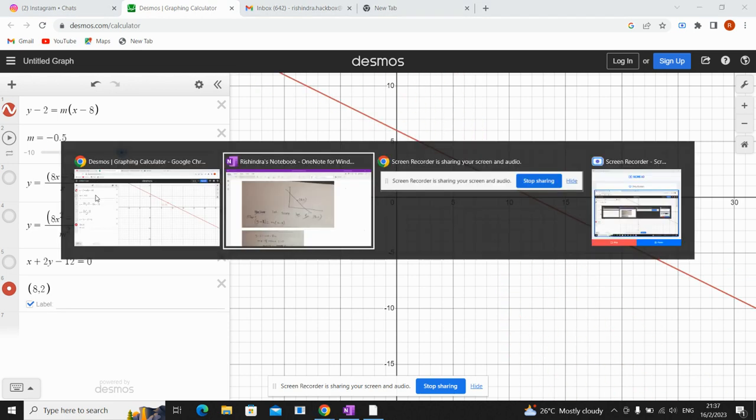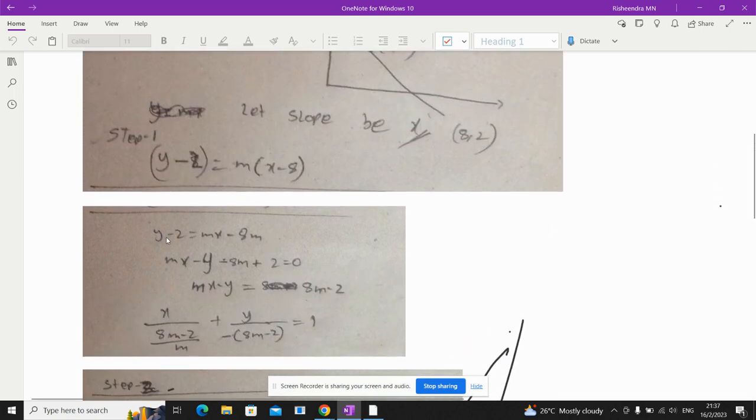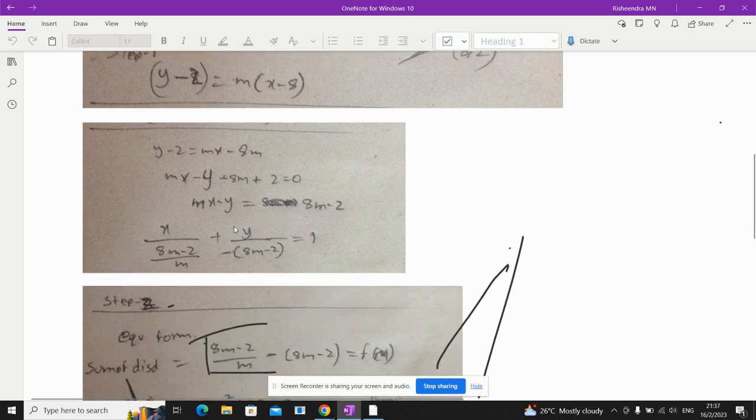Let's convert this equation into intercept form. We have to add the intercepts, so we have to find the intercepts first. When we do some math, we can convert this equation into intercept form: x over (8m minus 2 by m) plus y over (minus half of 8m minus 2) equals 1. So we have the x-intercept and y-intercept.